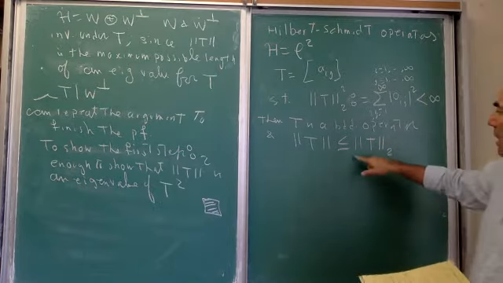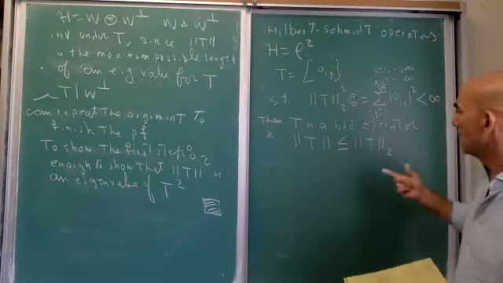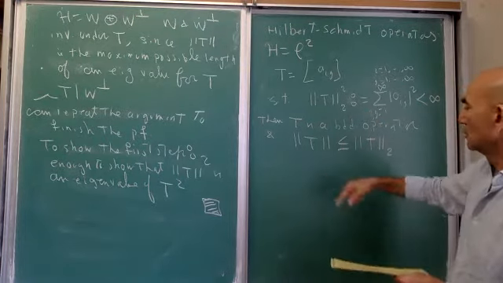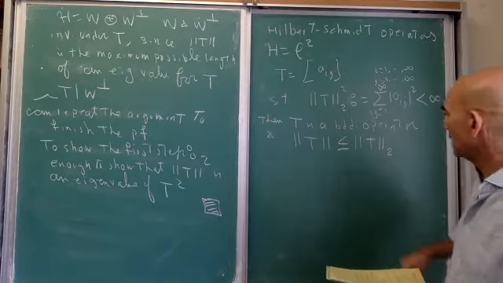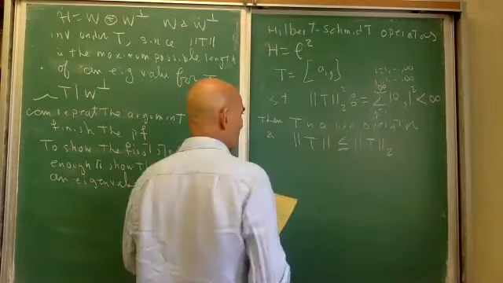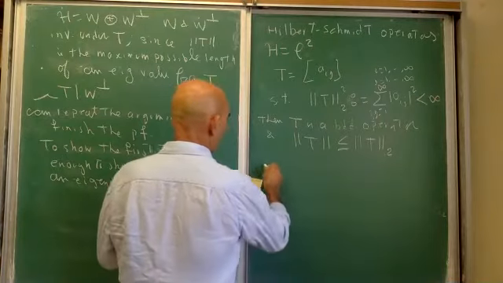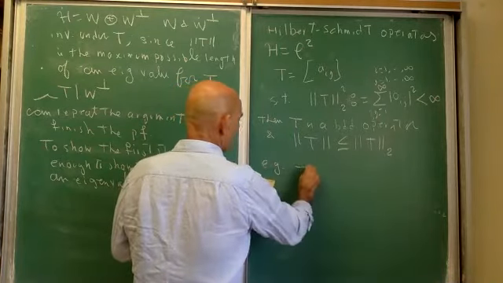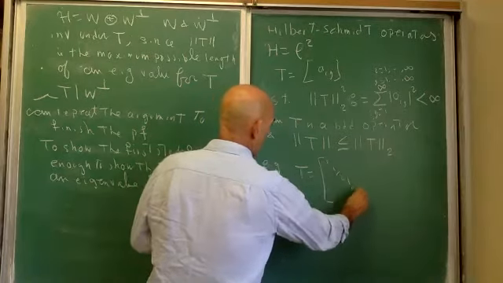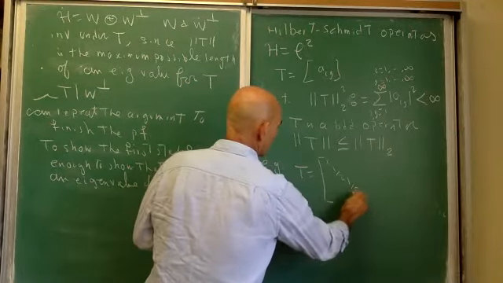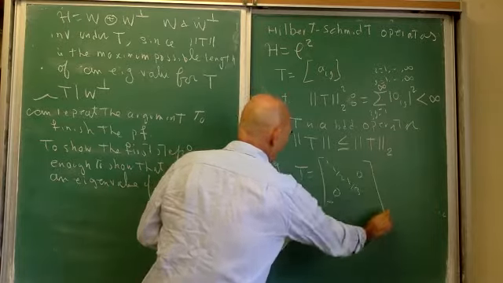So the Hilbert-Schmidt norm is always bigger than or equal to the norm of T. To see this, you just have to do the basic estimates, but a simple example could be something like this. Take T to be 1, 1/2, 1/3, and so on, 0, 0.